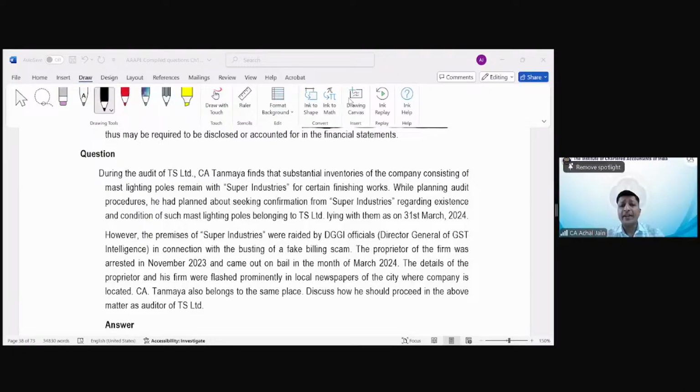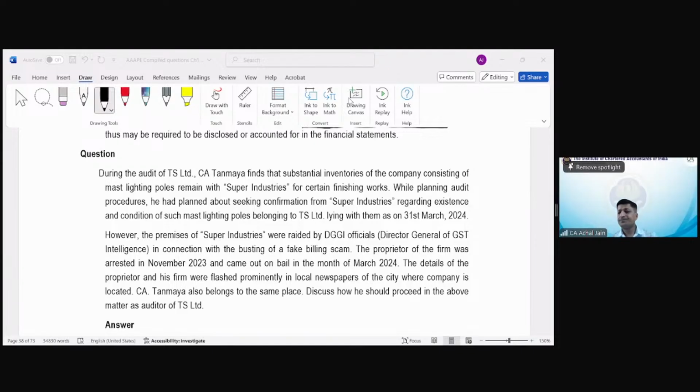Details of the proprietor and his firm were flashed prominently in local newspapers of the city where the company is also located. CA Tanmay belongs to the same place. Discuss how he should proceed in the above matter as the auditors of TS Limited.